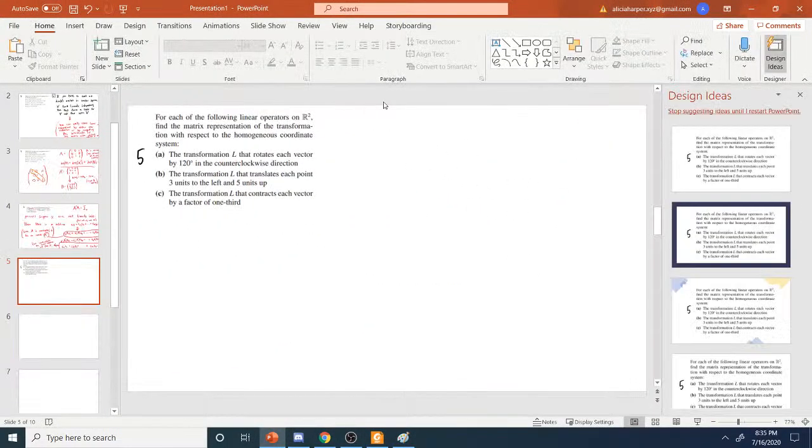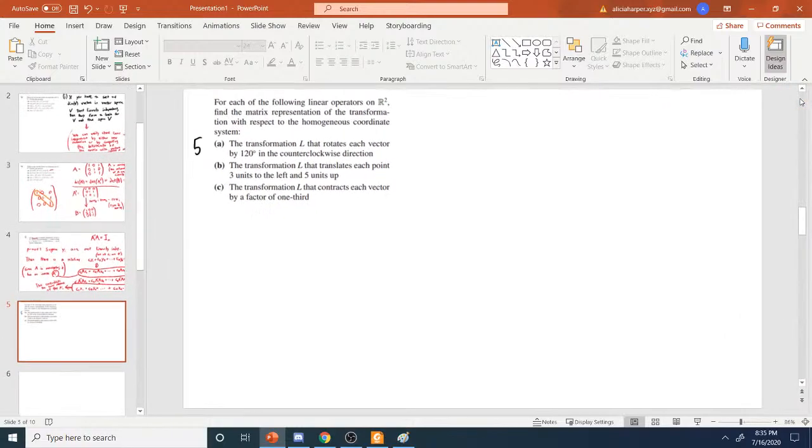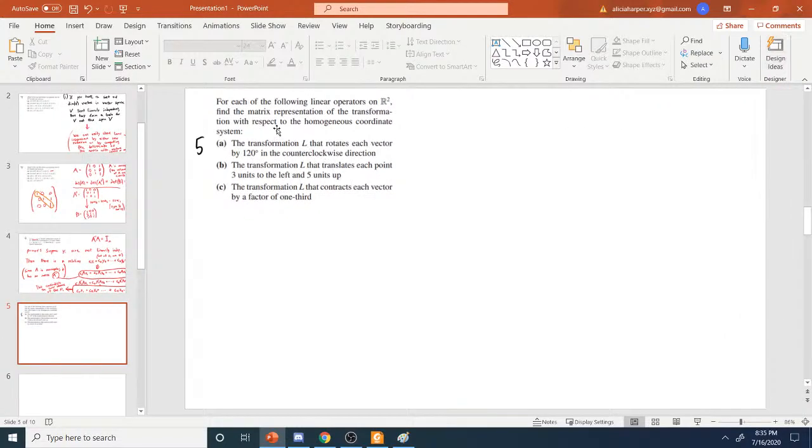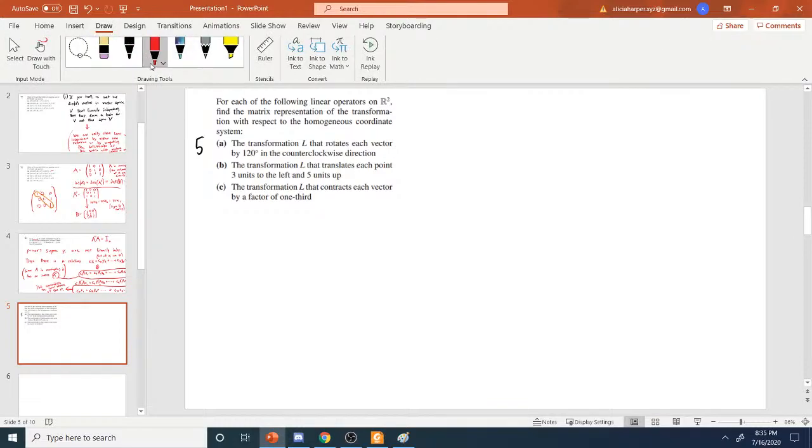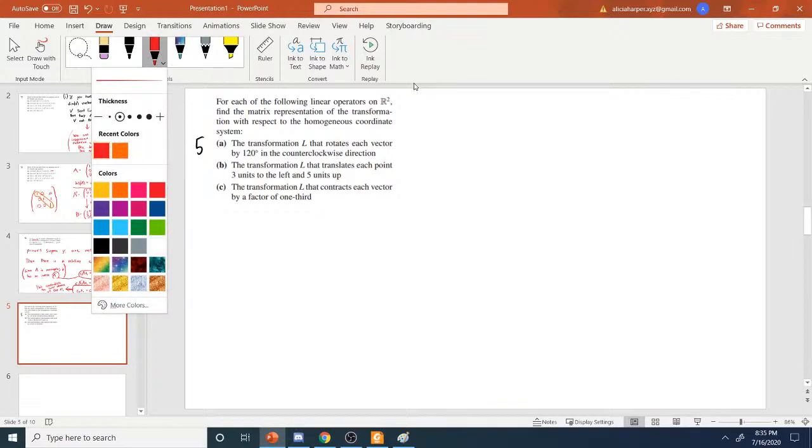For each of the following linear operators on R2, find the matrix representation of the transformation with respect to the homogeneous coordinate system. Okay. So here's how we can think about this.